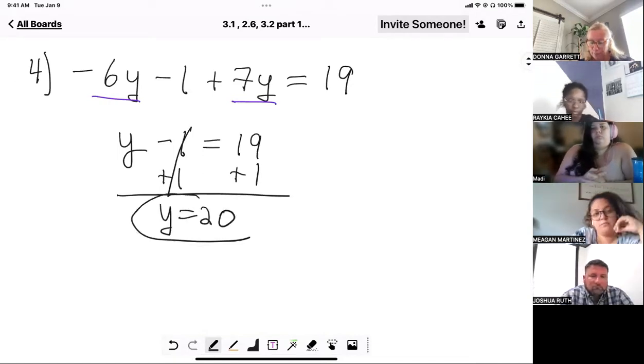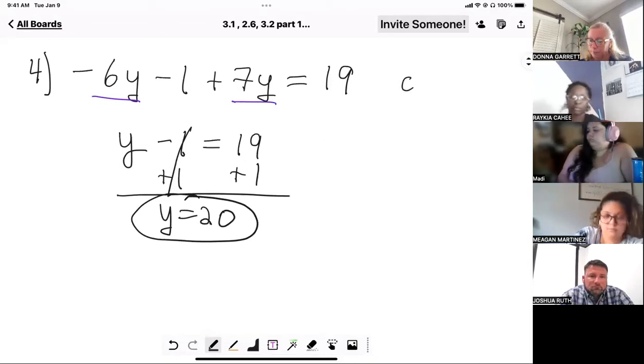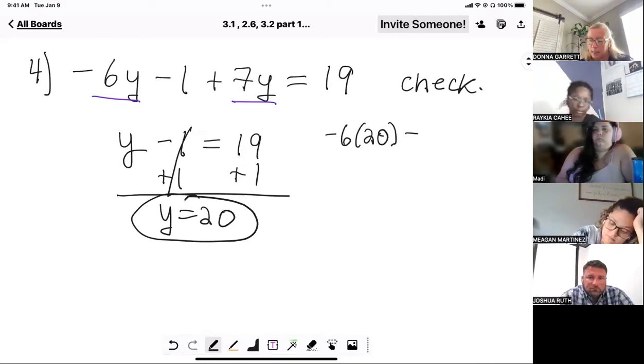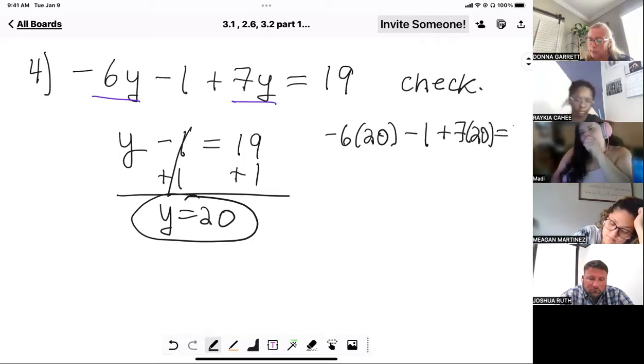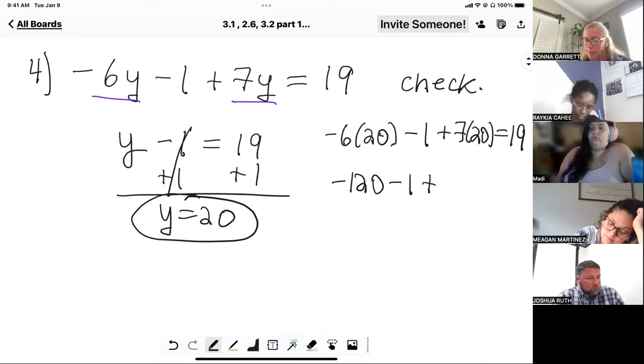And let's check it. Negative 6 times (20 minus 1) plus 7 times 20 equals 19, hopefully. Okay, so 6 times 20: 6 times 2 is 12 plus a 0, so negative 120 minus 1 plus 7 times 20, which would be 140, equals 19.